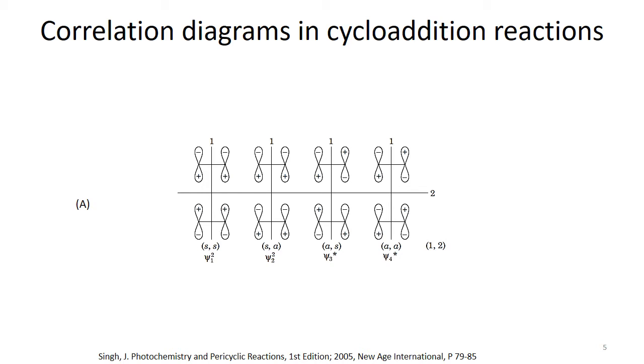Then we again consider the pi molecular orbital of the ethylene molecule, and again the same molecular orbital interacts, but the difference is that one set is interacting in supra way and the other set is interacting in antarafacial way. So we have these two, psi 1 square and psi 2 square, generated from the pi orbitals of ethylene molecules.